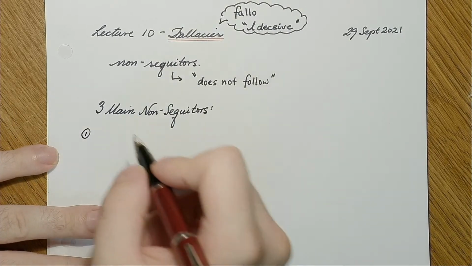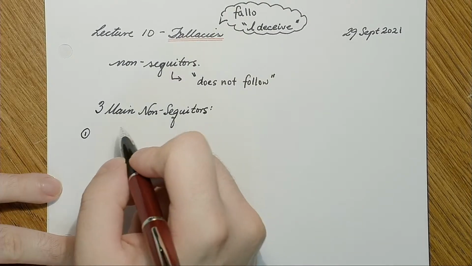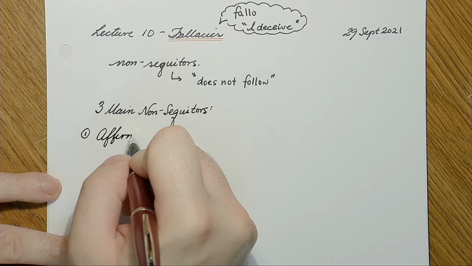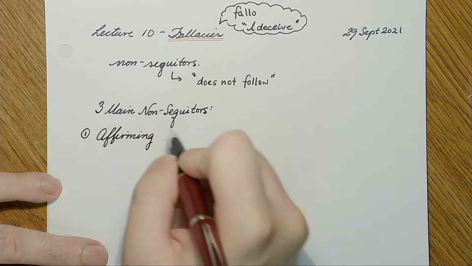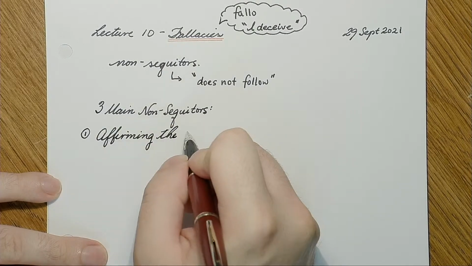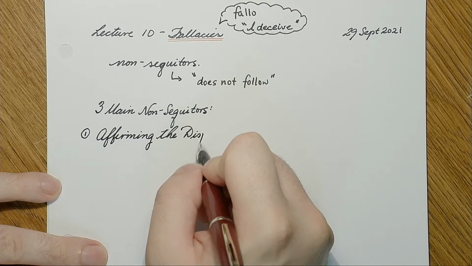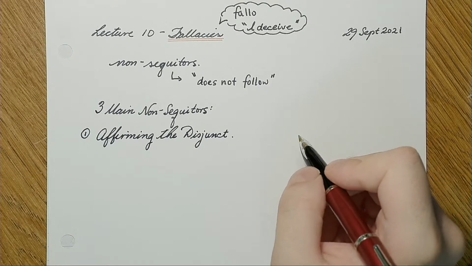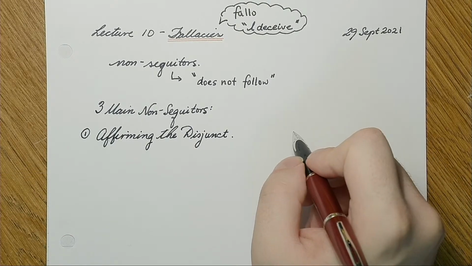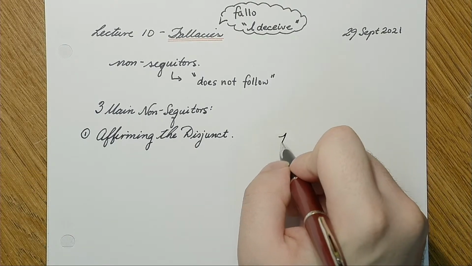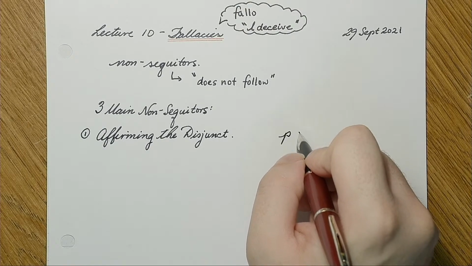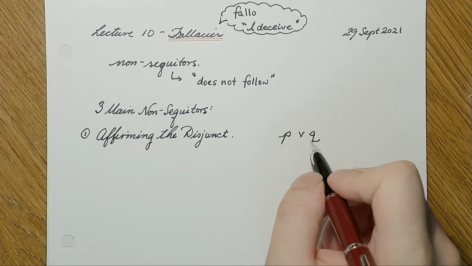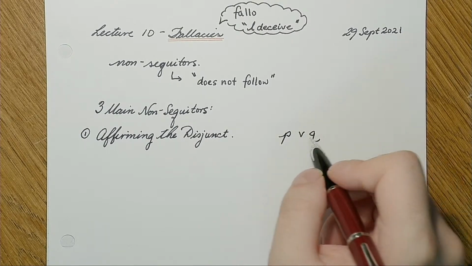The first one is called Affirming the Disjunct. It comes with the major premise being P or Q, and then we affirm one of the disjuncts.